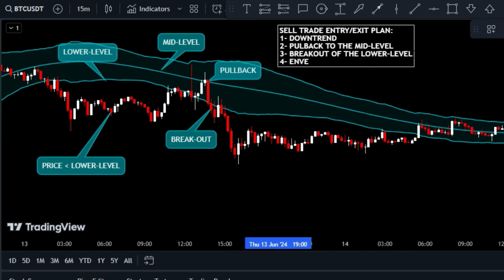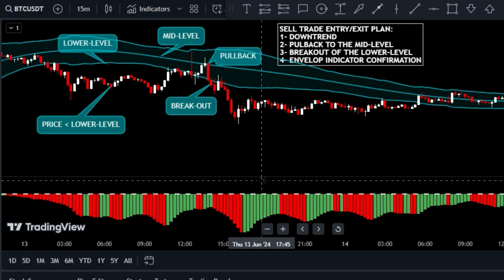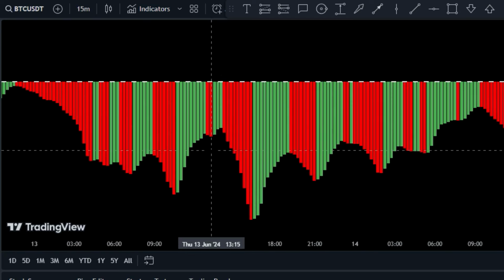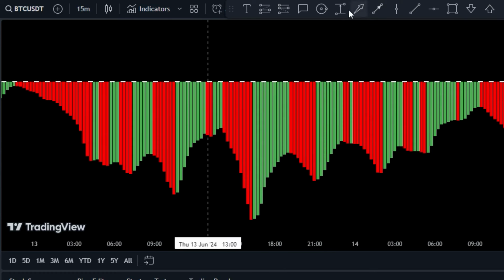But before pulling the trigger, double check that the Fisher Transform indicator confirms the sell signal. If the histogram is red and below the zero level, it is a green light to proceed with your sell trade.